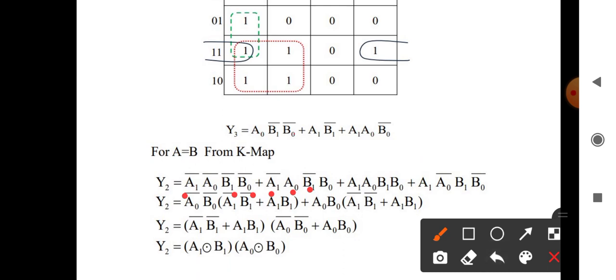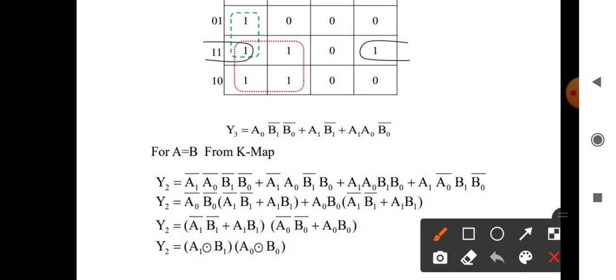So you can see here we can have this digit.